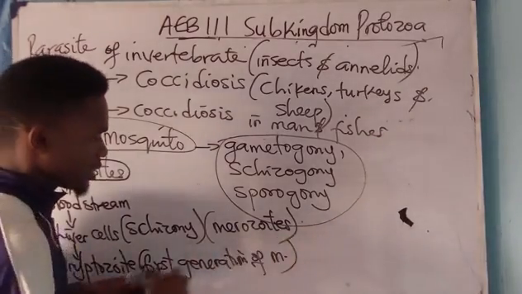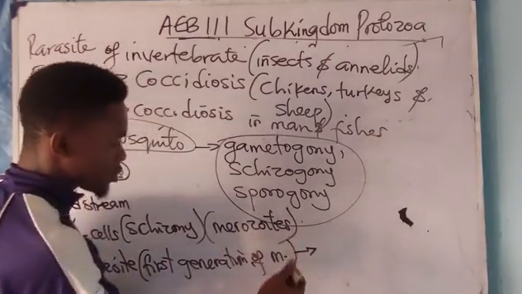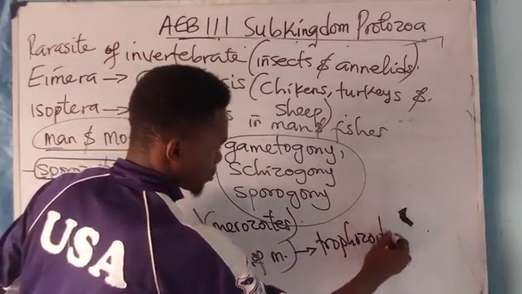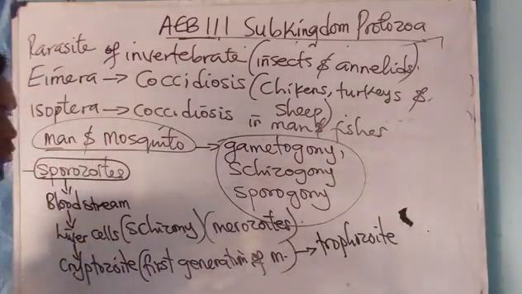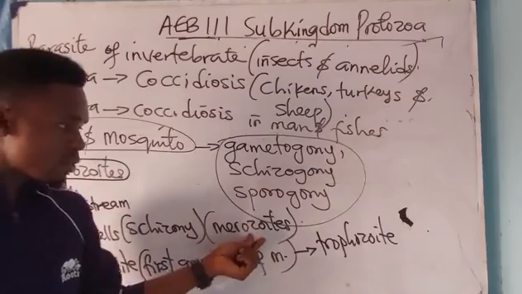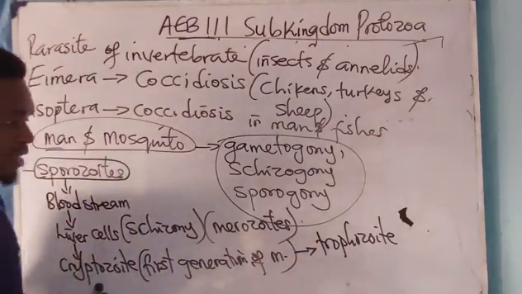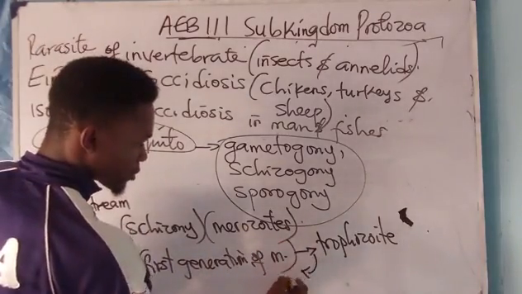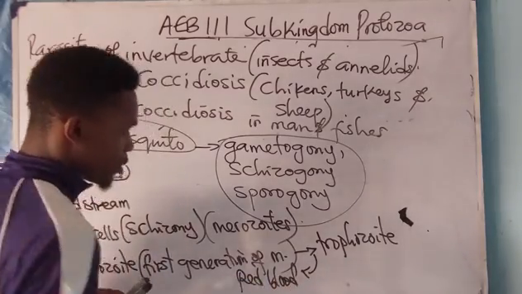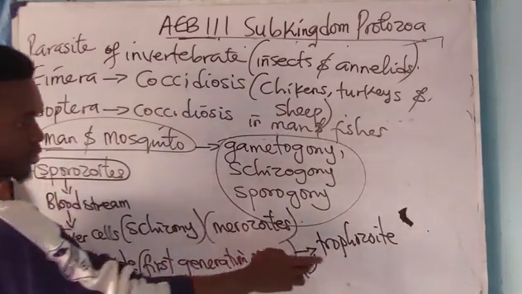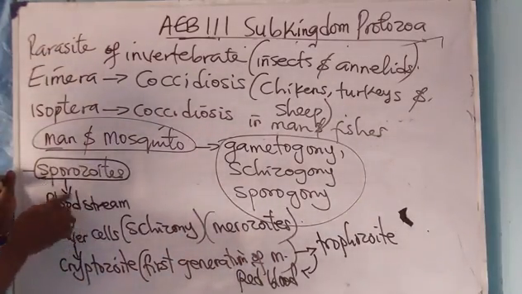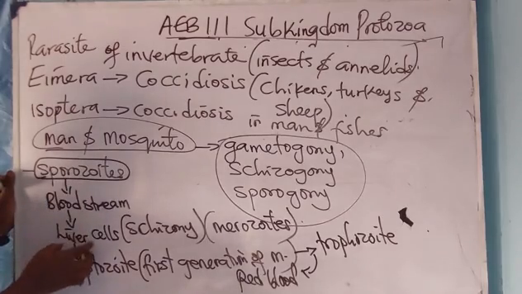Now, as soon as it develops this cryptozoite stage, it goes back, and from here it develops into what? The trophozoite stage. Now, this merozoite stage that develops the trophozoite stage will go to the red blood cell. Please take notes: sporozoite to the bloodstream, from the bloodstream to the liver.